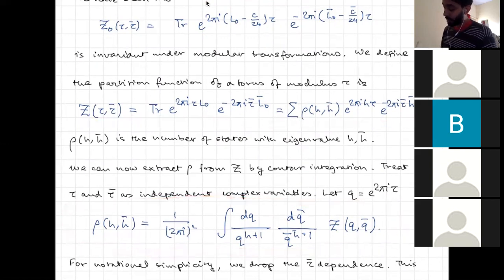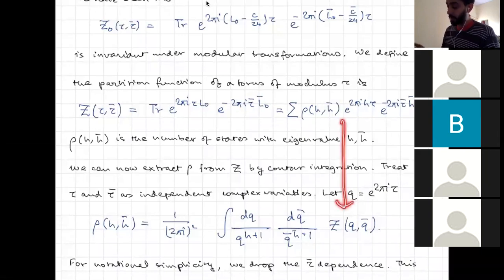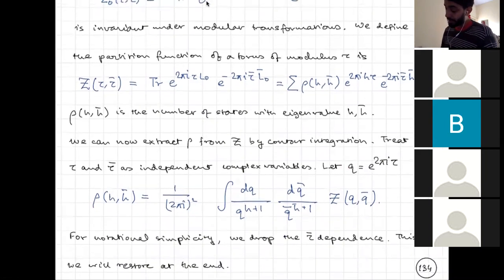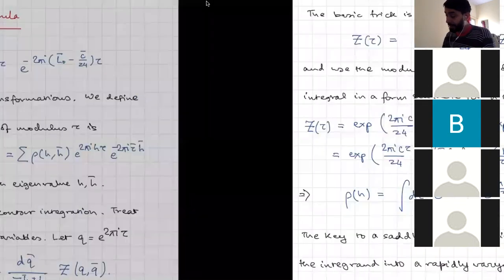As you can clearly see, you're just going to pick up the residues at the poles. You can just plug this in out here, and then you get rho. And what we're going to do is drop this tau bar dependence, and we can restore it at the end. Now we're going to play these tricks.